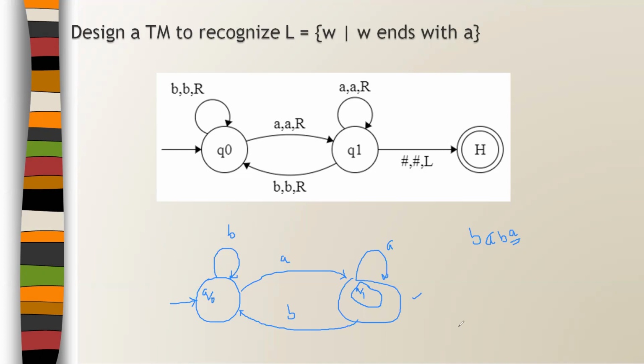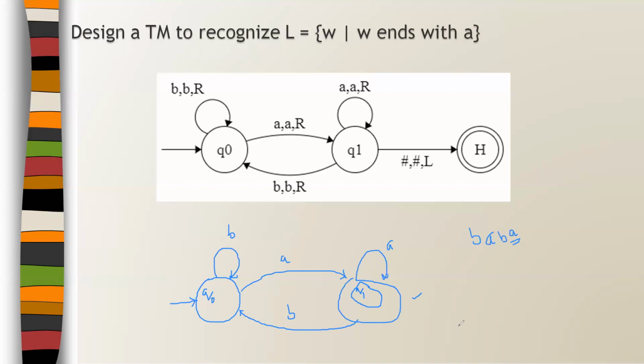Now you want to design a Turing machine for the same problem. How can we convert a finite automata into a Turing machine? As we know, in a Turing machine you have to specify the read symbol, the writing symbol, as well as the direction.